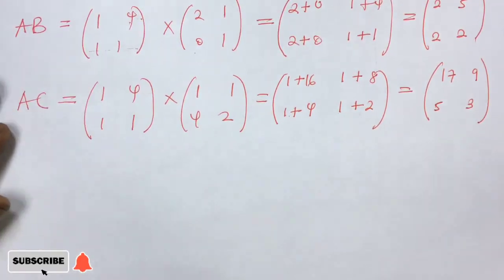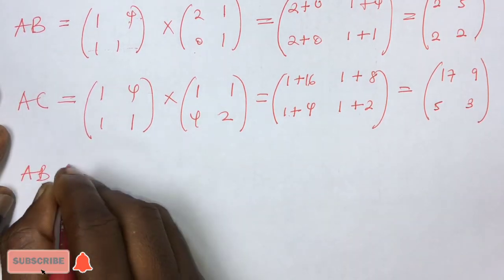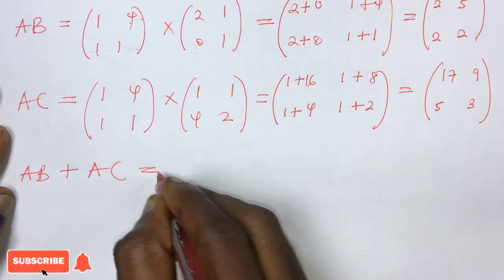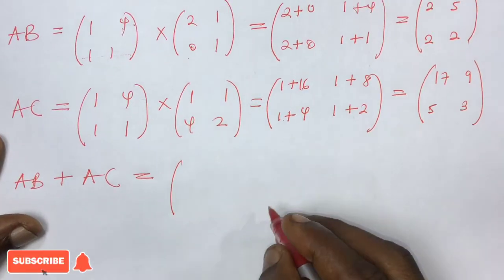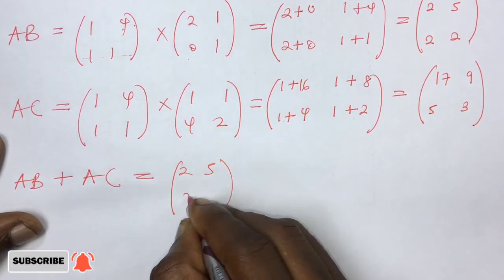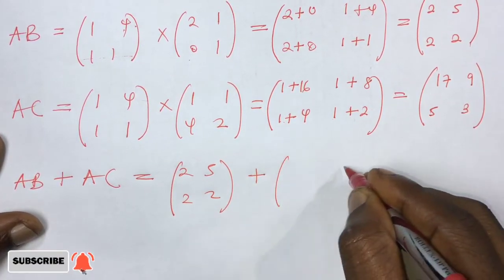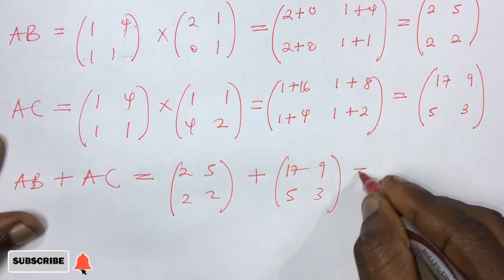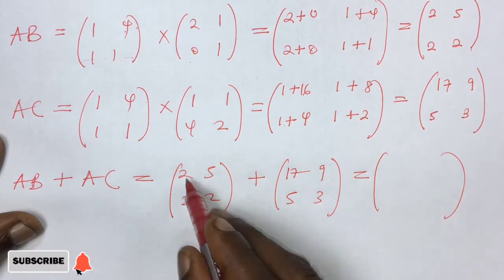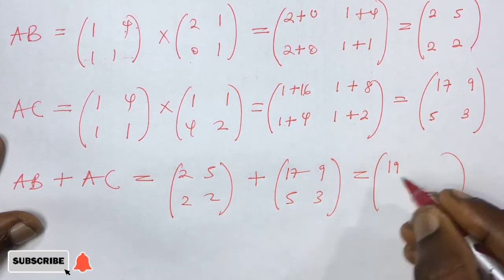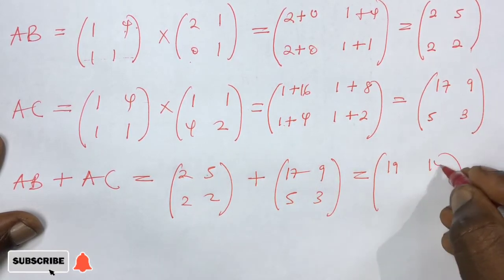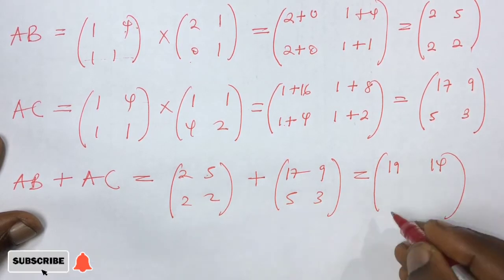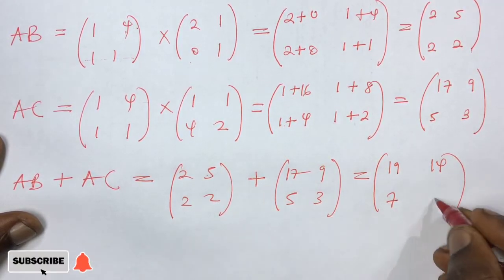Okay? Now, if you add AB to AC, the result for AB is [2, 5; 2, 2], added to the result of AC, [17, 9; 5, 3]. When you add, 2 plus 17 is 19, 5 plus 9 is 14, 2 plus 5 is 7, 2 plus 3 is 5.